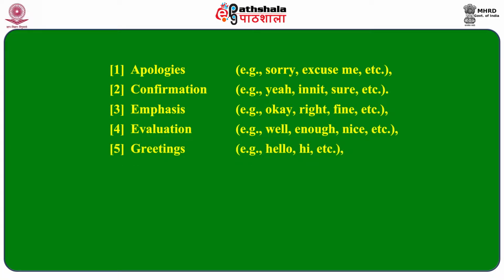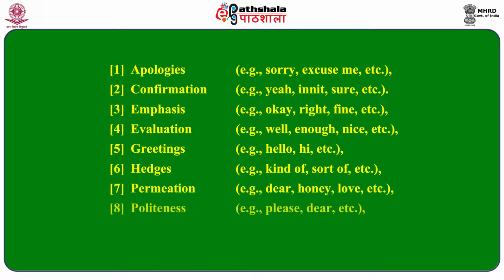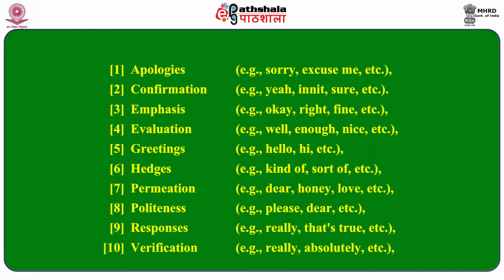She said that inside the text, if you come across some examples like these, then they can be marked as a discourse tag. I'm giving here some very interesting examples. If you find in a text expressions like sorry, excuse me, etc., then let those terms be marked as a discourse tag as apology.